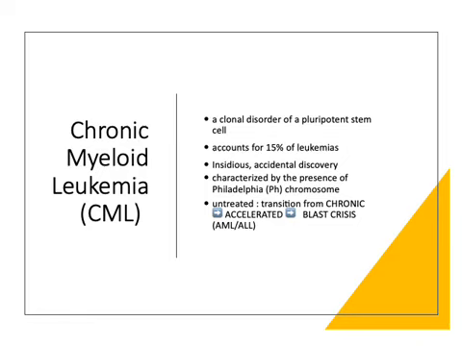It accounts for 15% of leukemias. It has insidious onset and is often accidentally discovered. It is characterized by the presence of the Philadelphia chromosome, and in the untreated state, the natural history is a transition from chronic to accelerated to blast crisis, mostly AML, but in some cases, ALL.